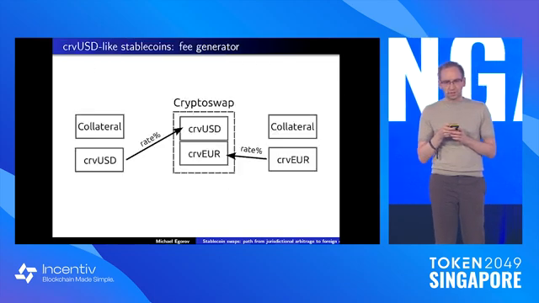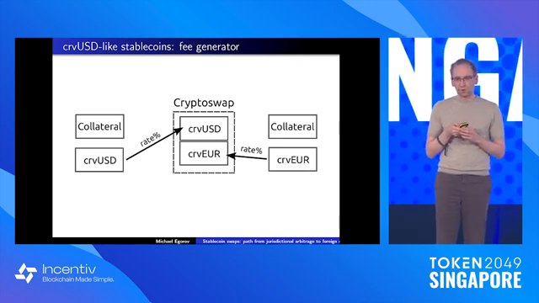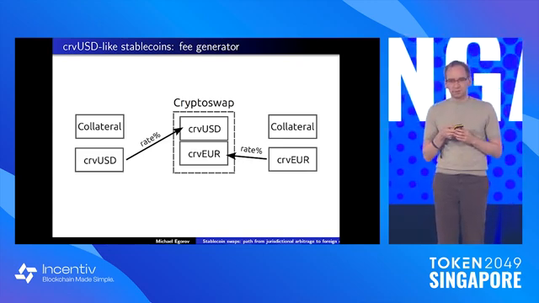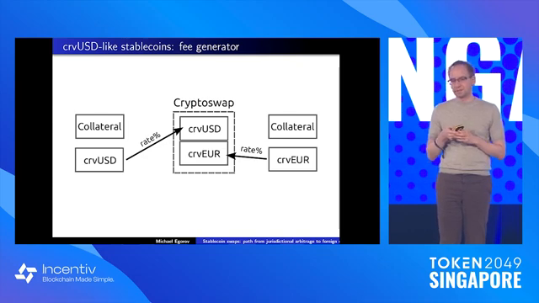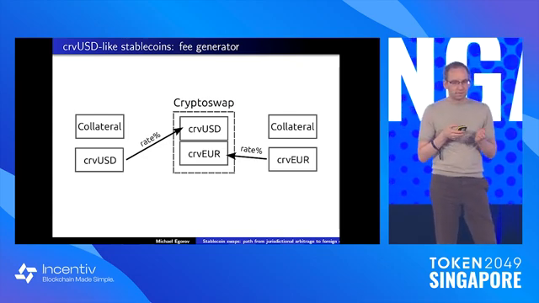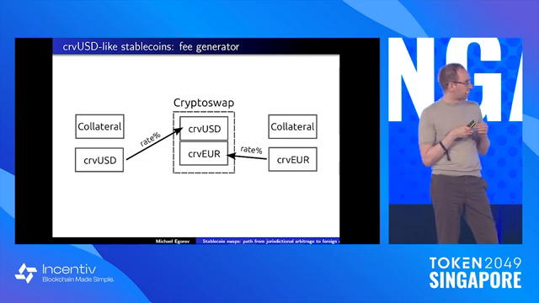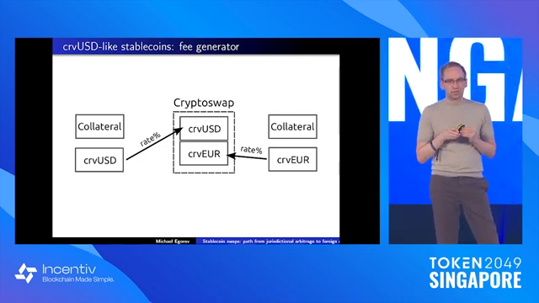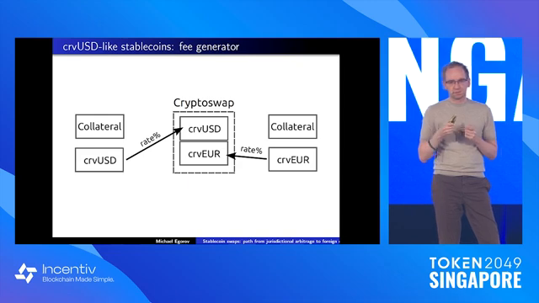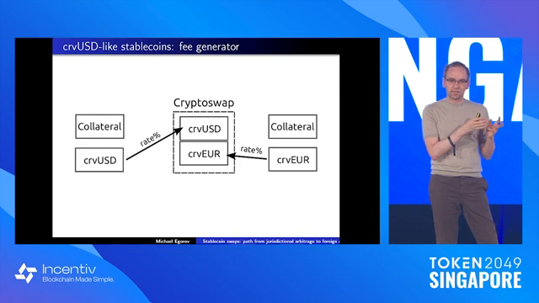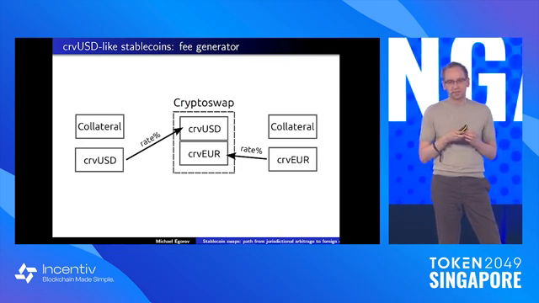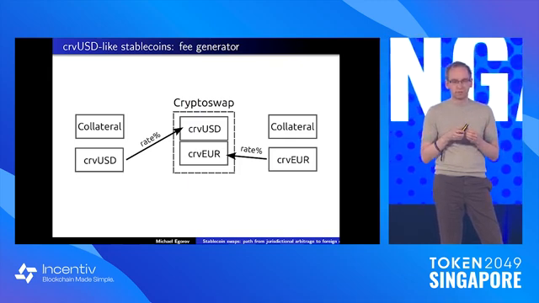One idea would be to use what we developed more recently, to use yield generated by stable coins. We have crvUSD currently, which inherently produces some borrow fees. Our crvUSD is created by people borrowing it against collateral, and it generates some yield, which is currently going to the Curve DAO.